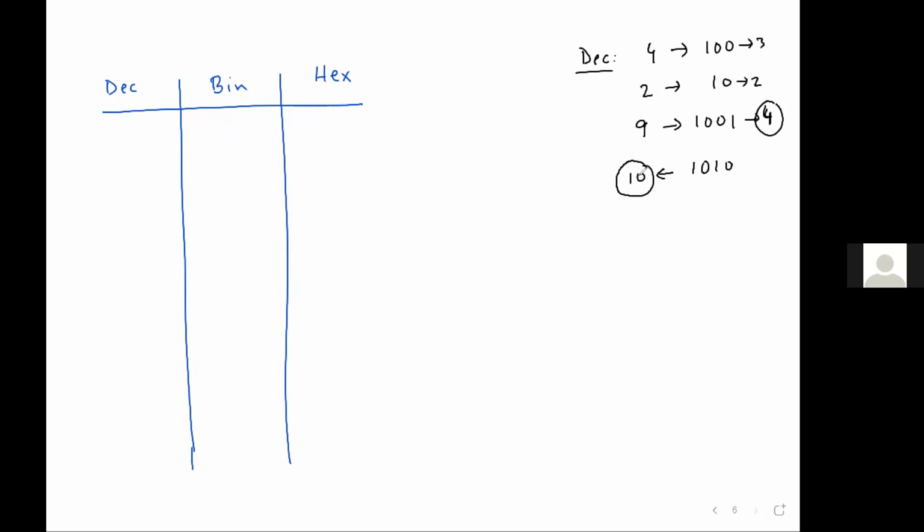You are using 2 separate decimal digits to represent a 4-bit number, whereas you have already used a 4-bit number. What I'm trying to say is that in the decimal number system, we cannot represent all the decimal numbers with 3 bits only. We cannot do that because the largest number we can represent in 3 bits is 7. 7 is 111. This is the largest number you can represent in a 3-bit system.